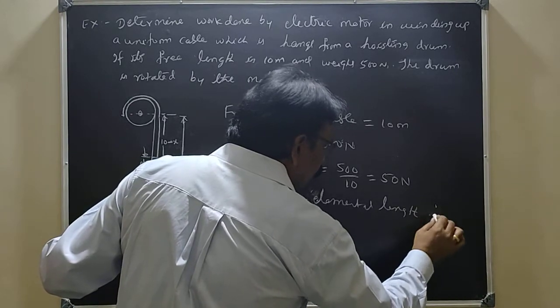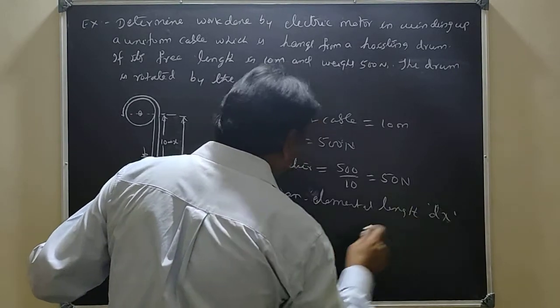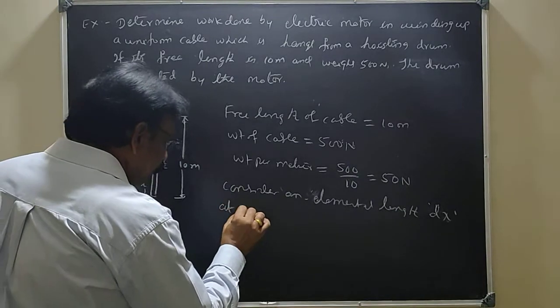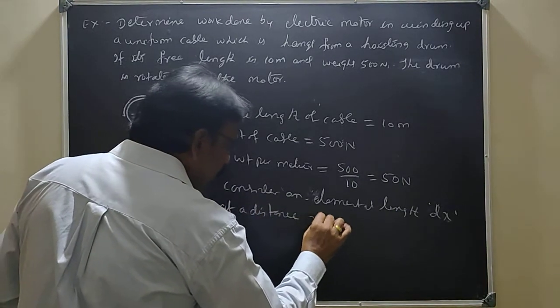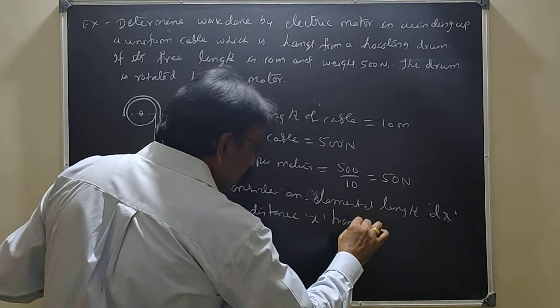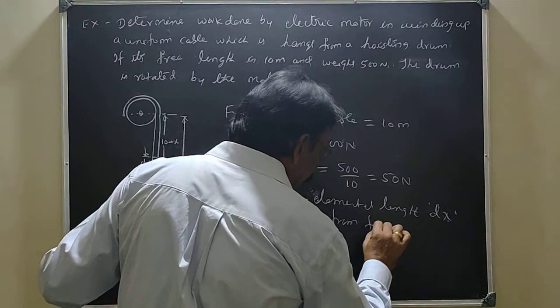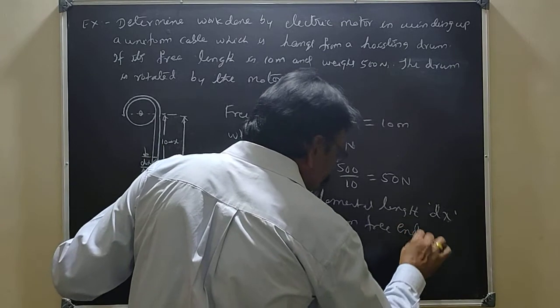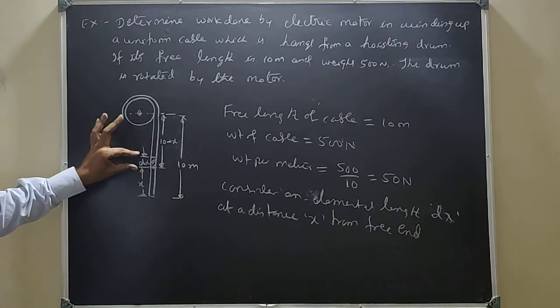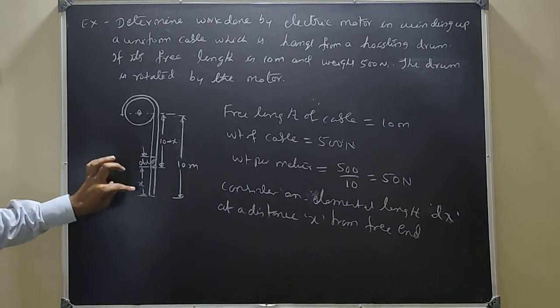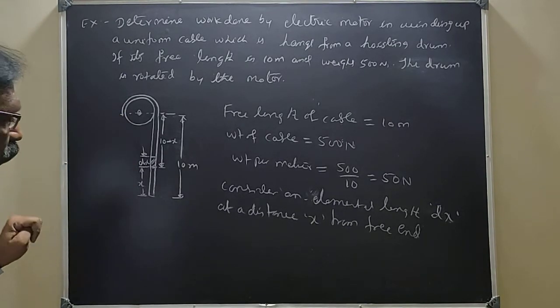So now this is the element of length dx and at a distance x from the free end.